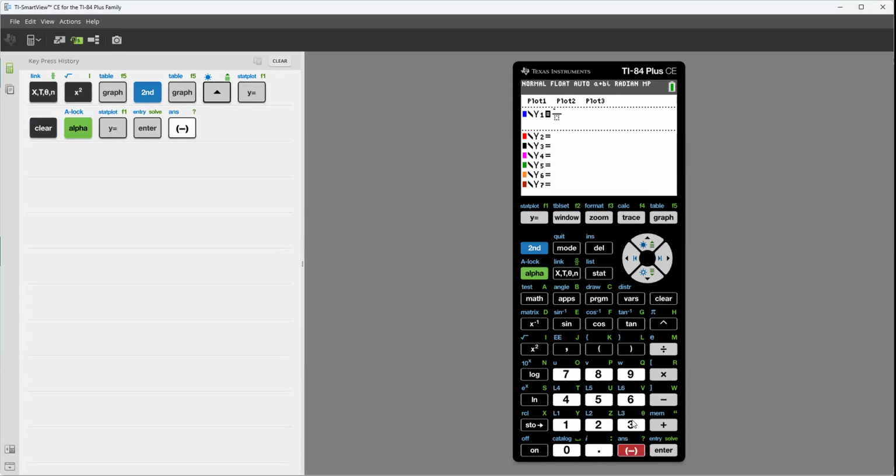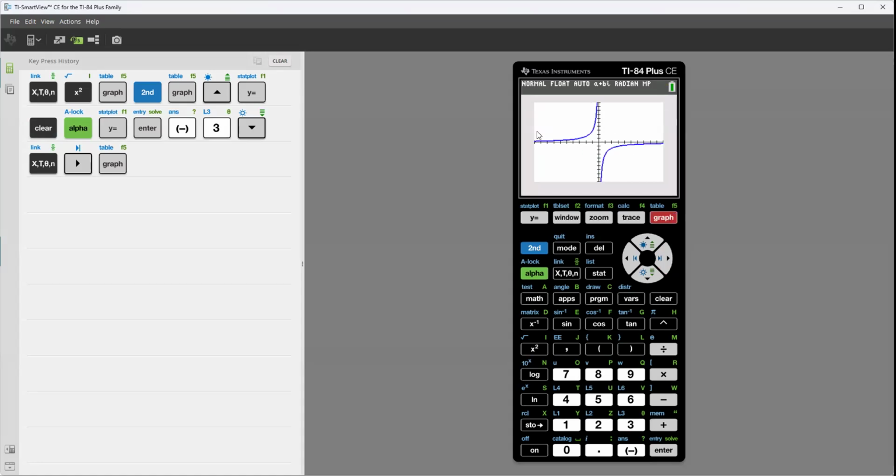Put your -3 on top, arrow down, and put your x. And y'all, I don't even need the table, remember, because I don't need no points to plot. I just got to pick one of them pictures. So I'm just going to hit graph and see which one it looks like.